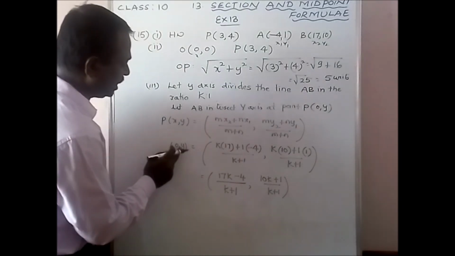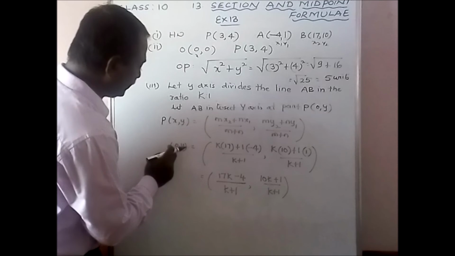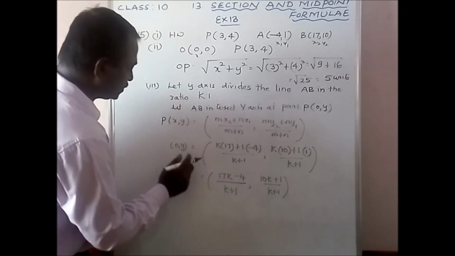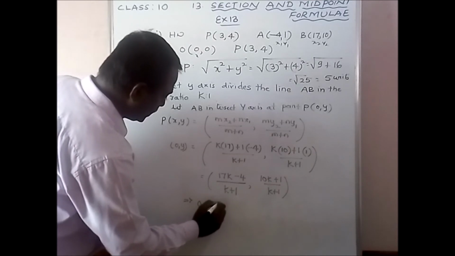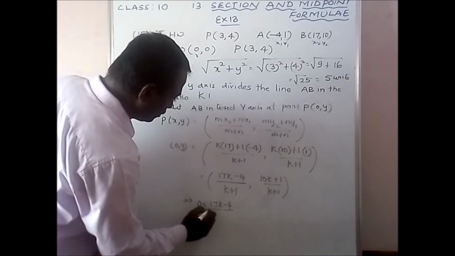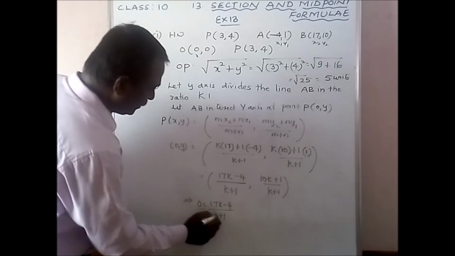Now we cannot equate the y coordinates because two unknowns are there, y and k. Therefore I can equate the x coordinates. This implies 0 is equal to (17k minus 4) by (k plus 1). If you multiply, it becomes 0.